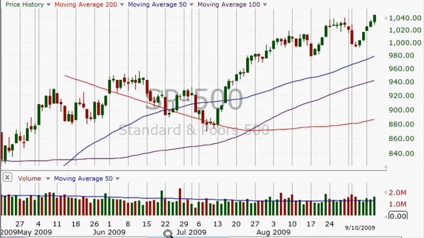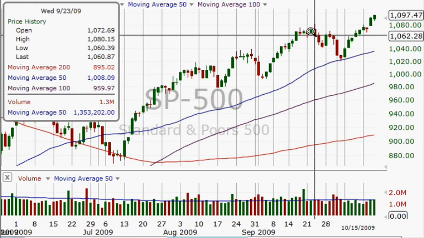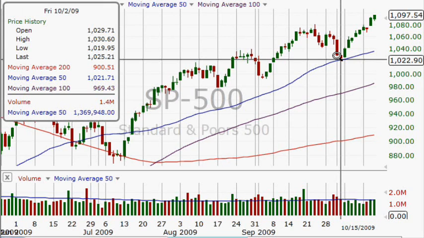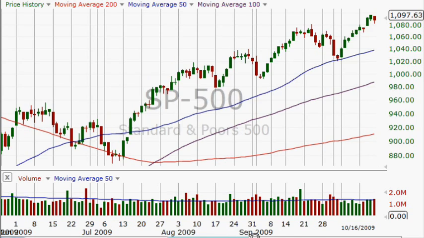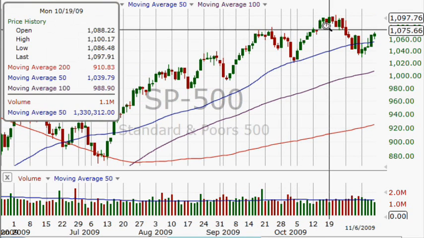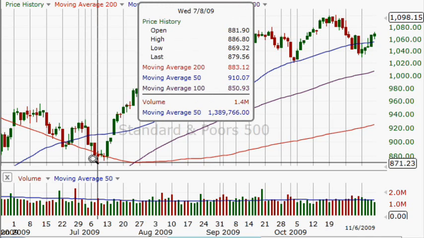The next move, you can see some small retracements, but you probably have to go the September highs. And even then, it only retraced for a week or so. So you know what? You really can't even count that. So I guess we can say the top would be October the 19th.